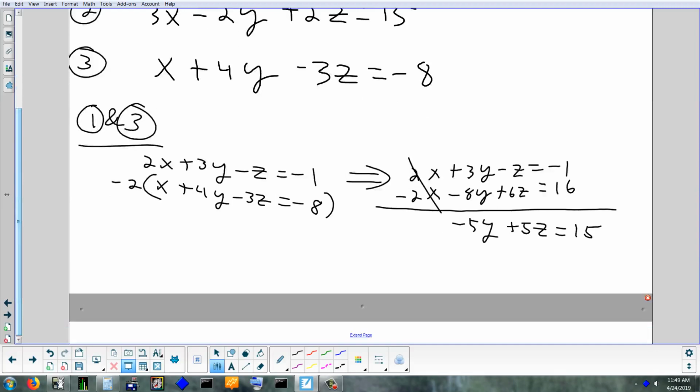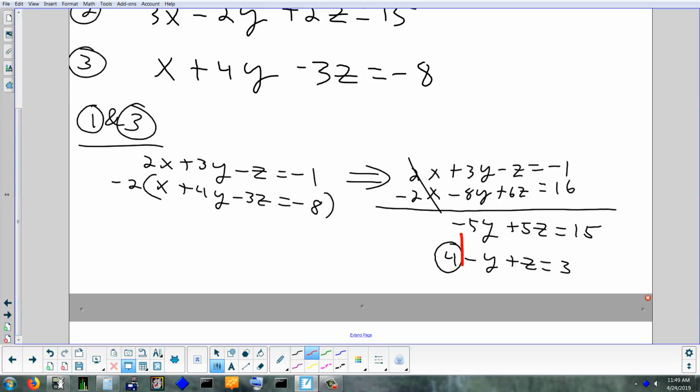What could you divide everything in that equation by, and it's still the same equation? You could just make everything a little smaller. -y plus z equals 3. Yeah. Now, if that didn't happen, okay, it's fine. But the fact that it did happen, that's actually going to be easier to work with later on. So I'm going to call this equation 4.